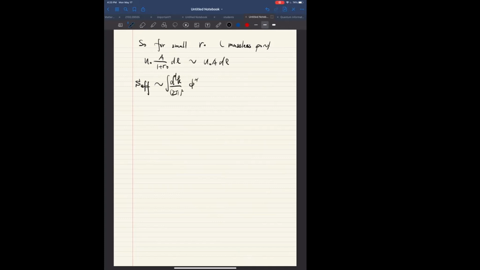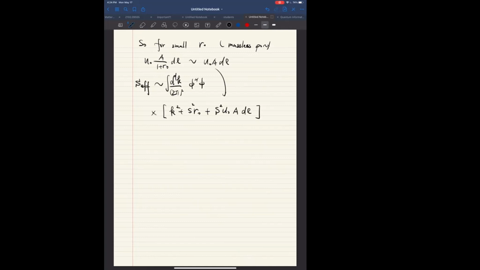The quadratic term, the bare one, the slow mode one, is still like this, and then you have this part times dl.